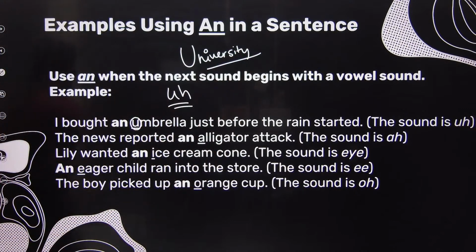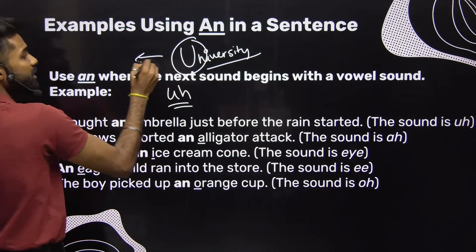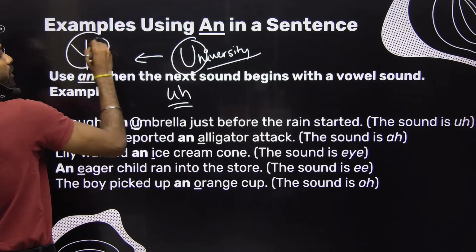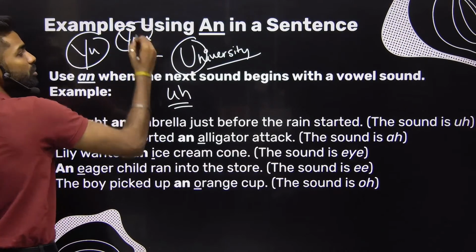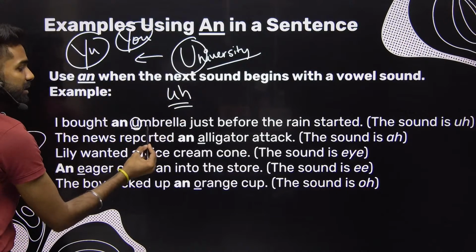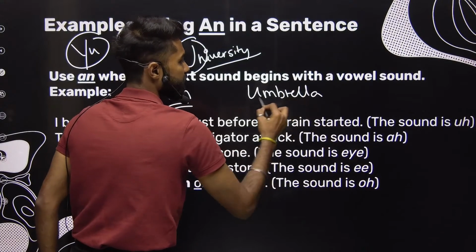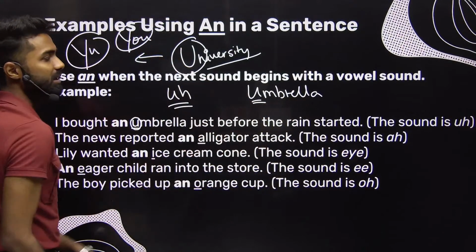Whereas if I'm saying a university, then what sound is it producing? University is producing a U sound. See, U or YOU. University. See the pronunciation. University. Here, umbrella. Both are starting with the letter U only.